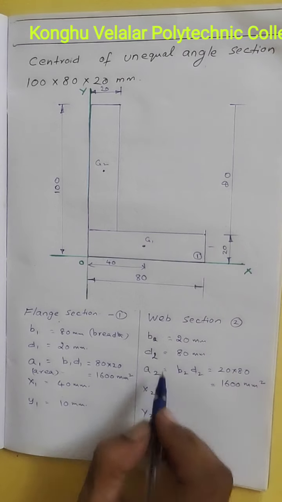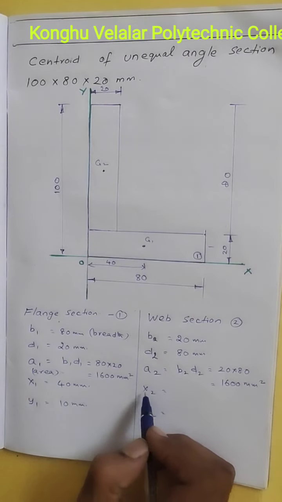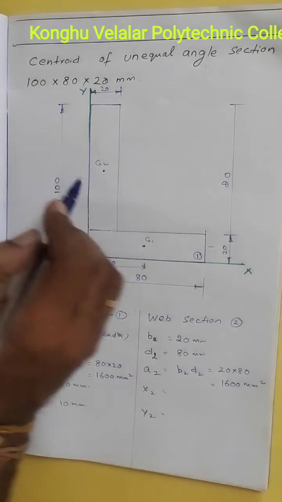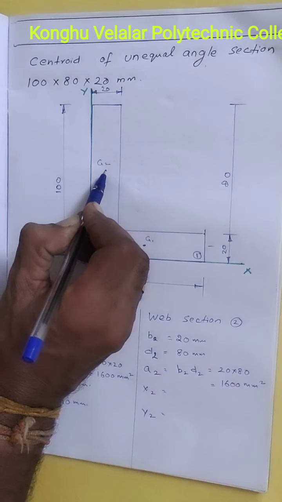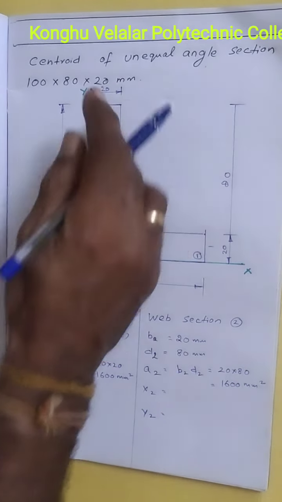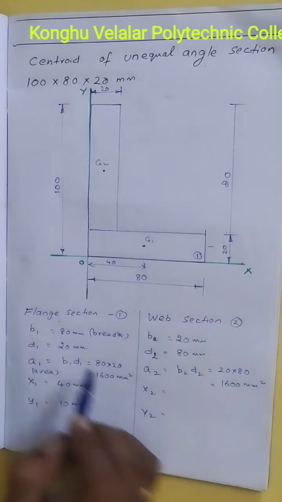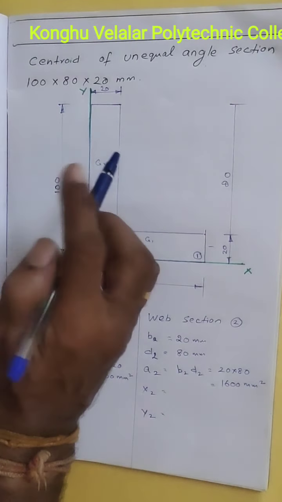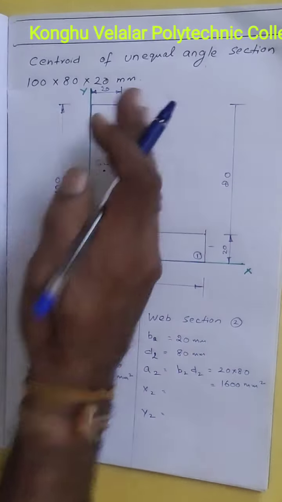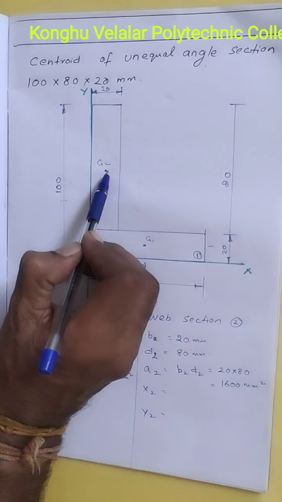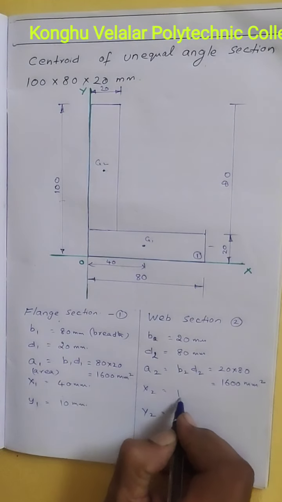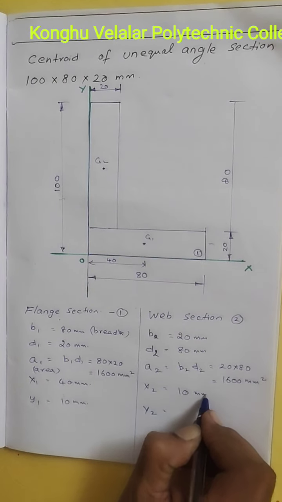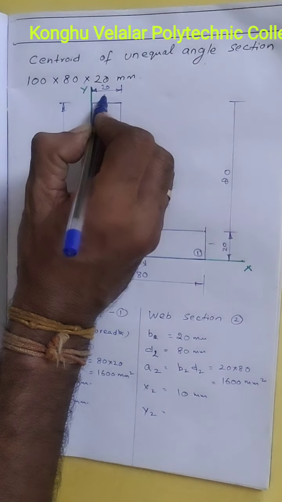Whereas coming to the web section, x2, this is the center point, centroid of this rectangle. So x2 is the distance of this centroid from the reference axis. So from here to here is 10 mm, that is half of 20.